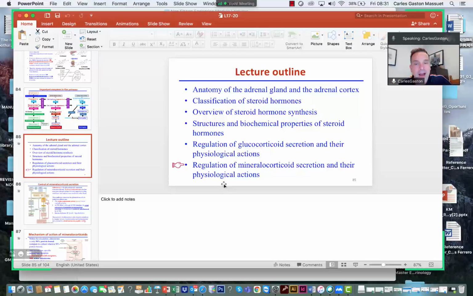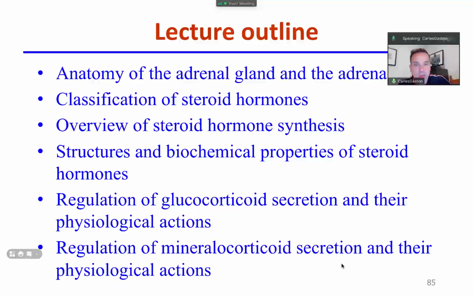So, as part of the final lecture, what we have is the regulation of mineralocorticoid secretion and physiological actions. We've done glucocorticoids. Remember glucocorticoids, zona reticularis and fasciculata. What about the zona glomerulosa?